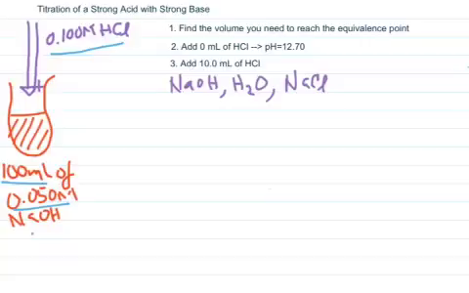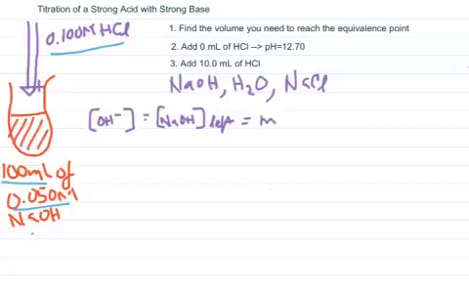Again, that hydrochloric acid gets completely absorbed by the sodium hydroxide to form NaCl. So now we're going to figure out how much hydroxide is there. So we're going to look at the sodium hydroxide and how much is left over.